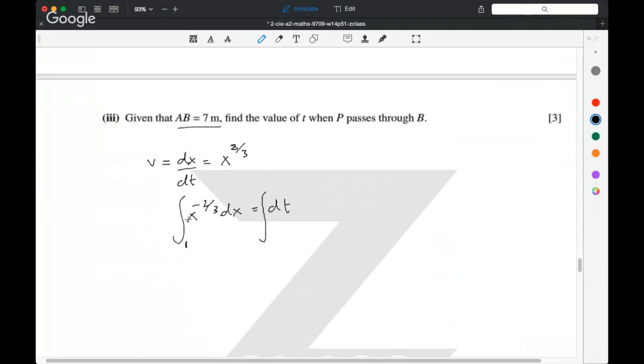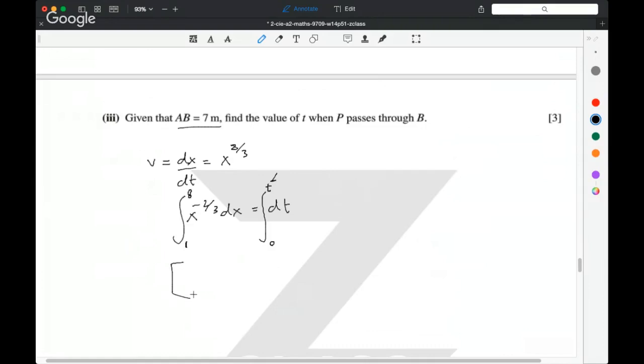So I'm going to choose it to be the point where x was 1, and I'm going to call that time 0. And I'm going to integrate until the time that it passes through. So that was the time it passed through A. It was at time 0, and the x position was 1. And now I'm searching for the time, this t, at which point it passes through B, which is the point where x is equal to 8.